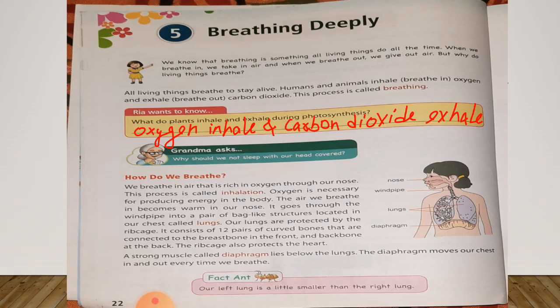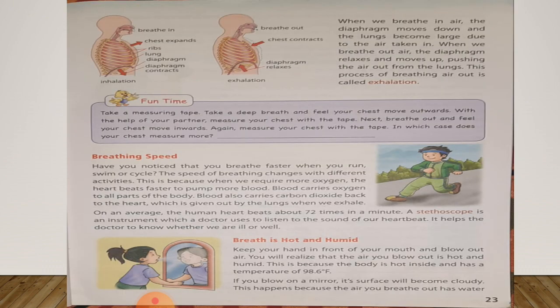In the previous classes, we have understood about breathing, inhalation, exhalation, diaphragm, lungs, and windpipe. Now in this class, we are going to understand inhalation and exhalation in detail, the process of inhalation and exhalation.